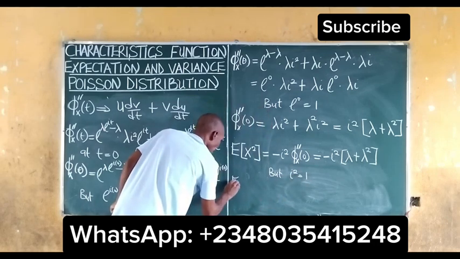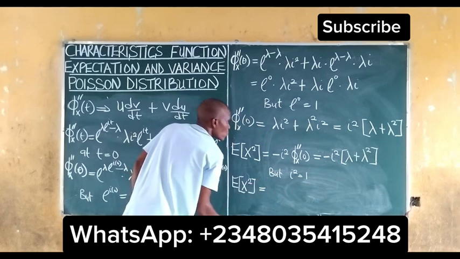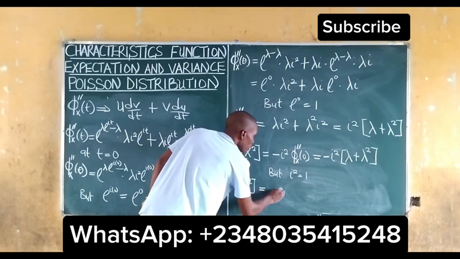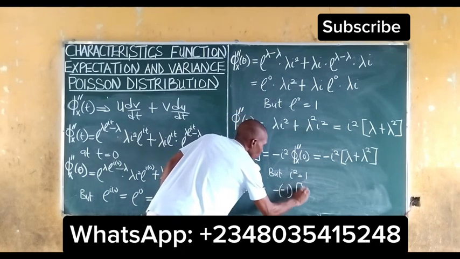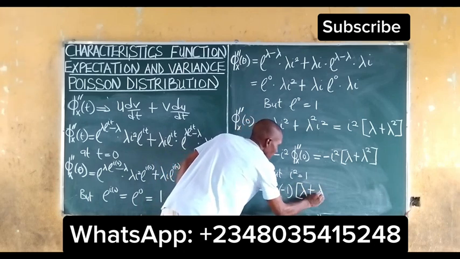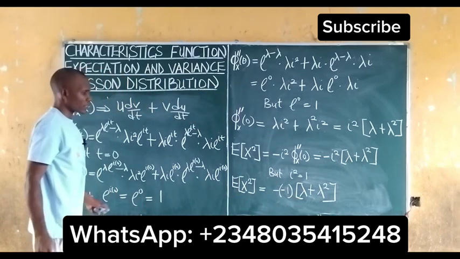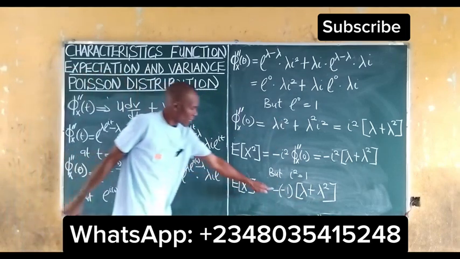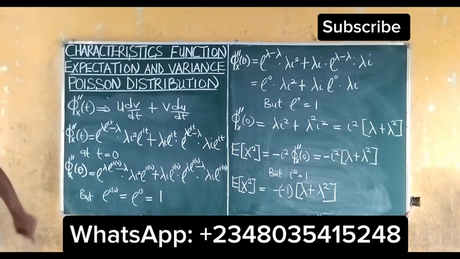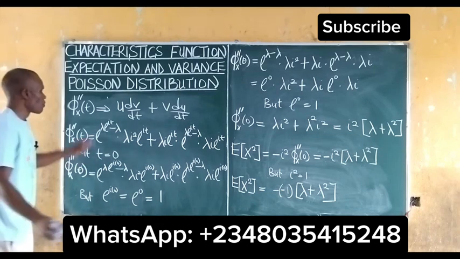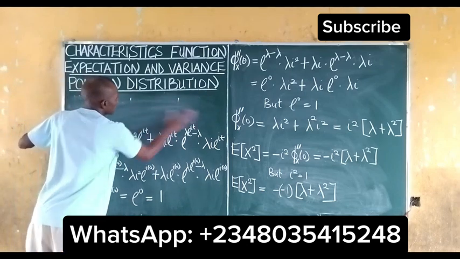It then means that our expected value of x squared is equal to negative into negative 1 into lambda plus lambda squared. So that is what we'll get. Now, negative sign will cancel negative sign to give us 1. So we move over to this side to write our expected value of x squared.